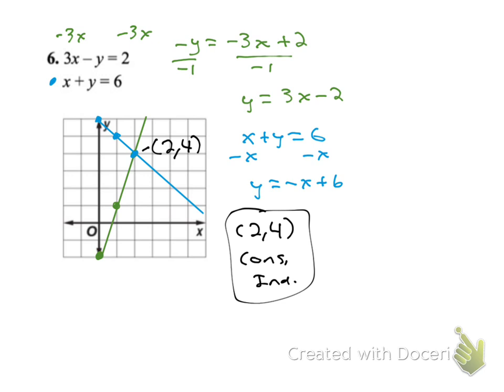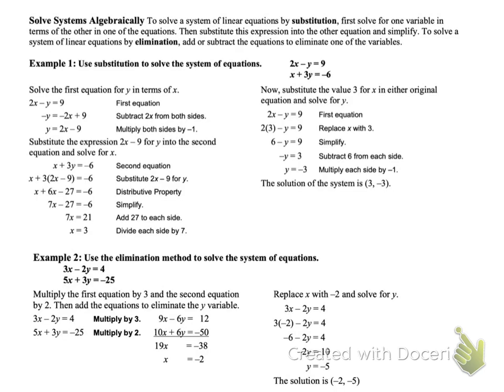All right, so the next part in solving systems of equations is to do substitution and elimination. We'll start with substitution. On the board here, I will work 2x minus y equals 9, and x plus 3y equals negative 6.